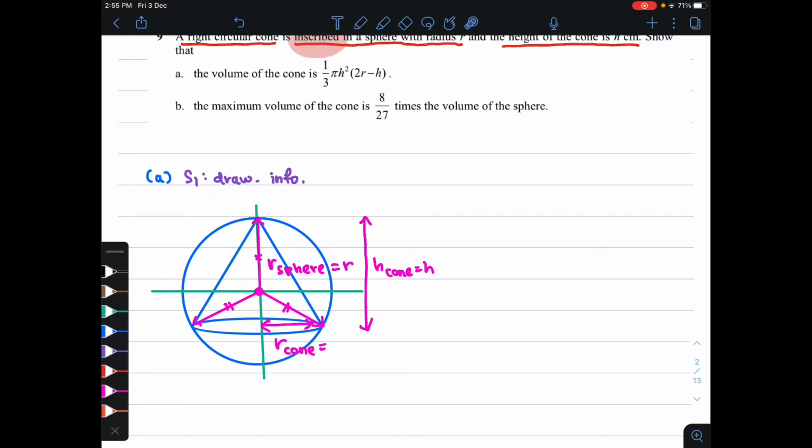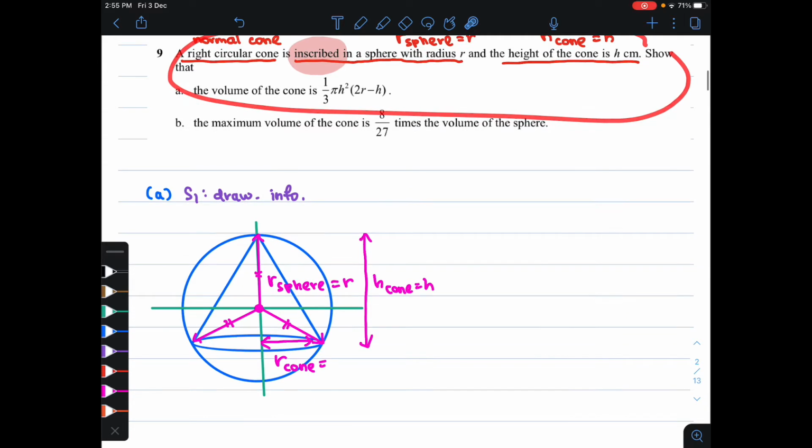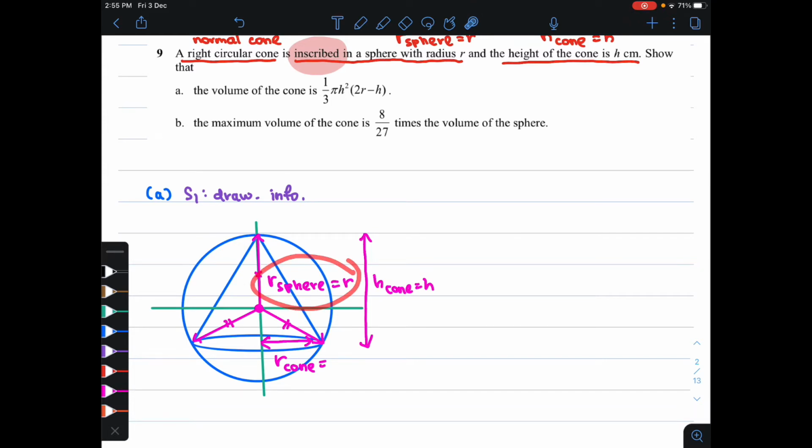Alright. Radius of cone tak disebut langsung dalam soalan. So, kamu keluarkan sendiri apa radius of cone. Tak boleh panggil R ya. Sebabnya radius of sphere dah guna R. So, kat sini tak boleh guna R lagi dah. Kamu kena guna huruf lain. So, katakanlah Miss guna X. Itu saja maklumat yang diberi kat kita.